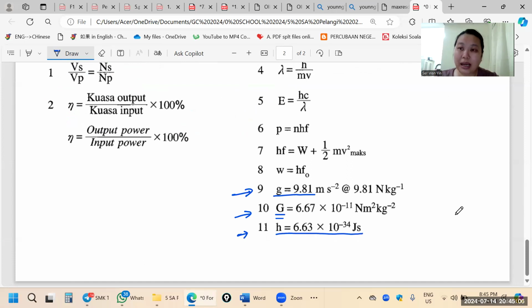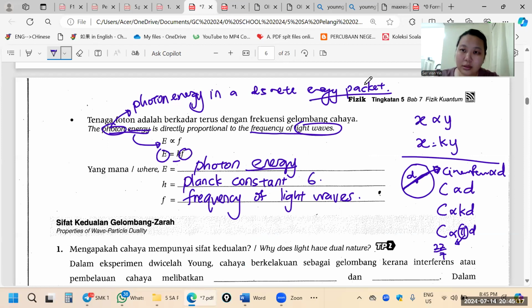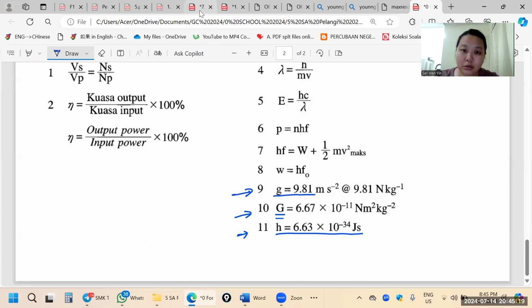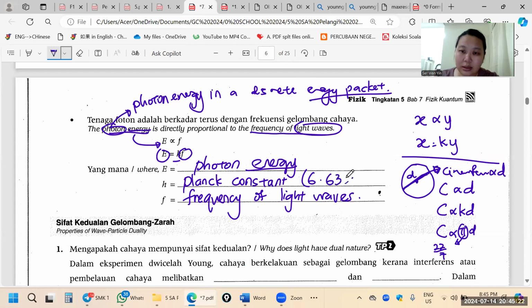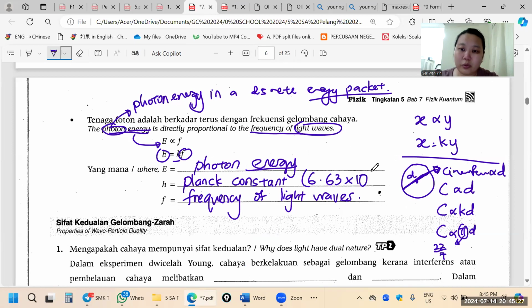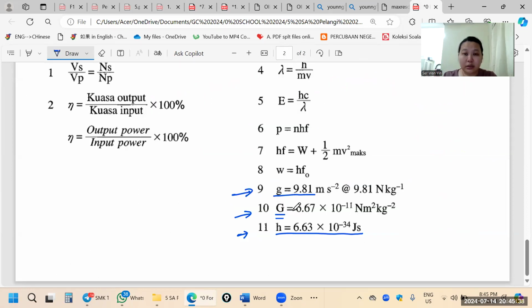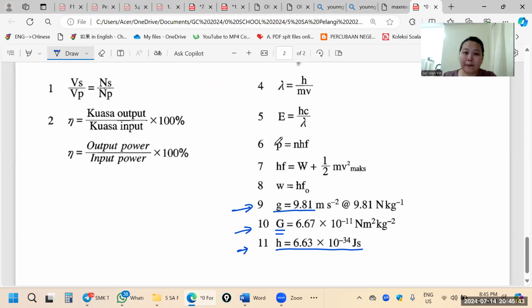H is the Planck constant, 6.63 times 10 to the power of negative 34 joule second. If I forgot, it doesn't matter, the formula is given. If I don't give it, it doesn't matter, the formula is given.